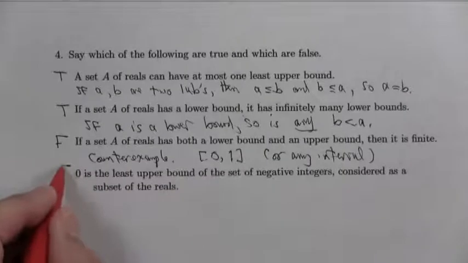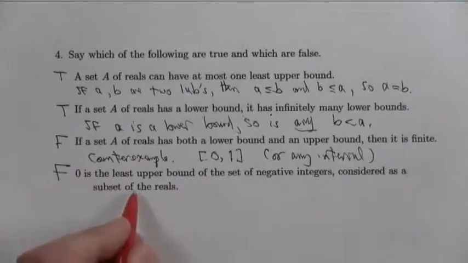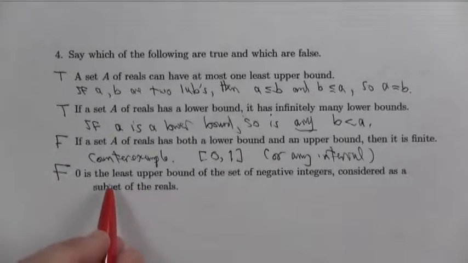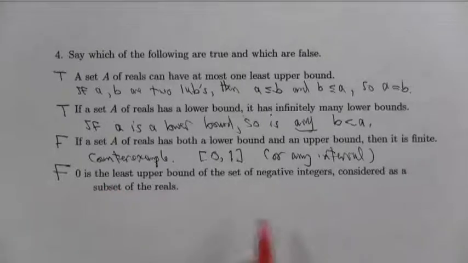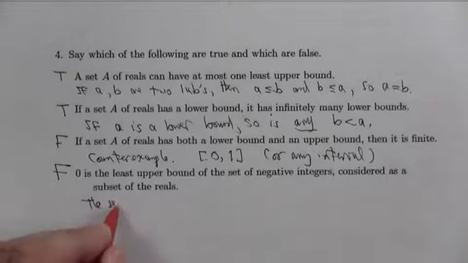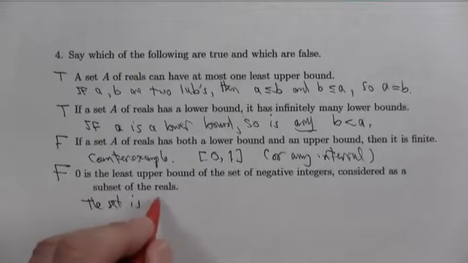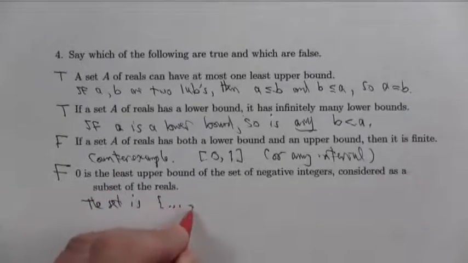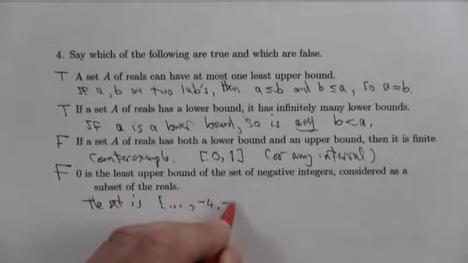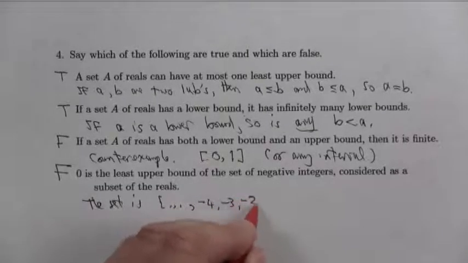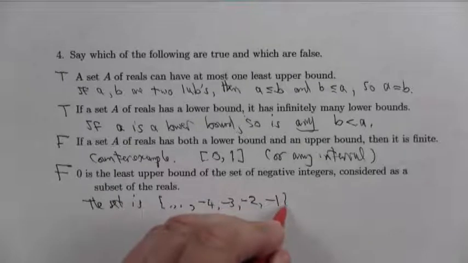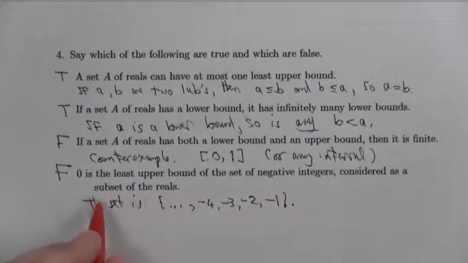Stay awake. The next one is false. Consider a subset of the real numbers, the ordered set of integers. Well, what's the set? The set of negative integers, dot dot dot, minus 4, minus 3, minus 2, minus 1.